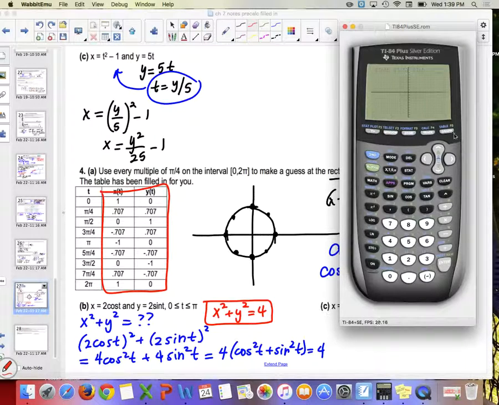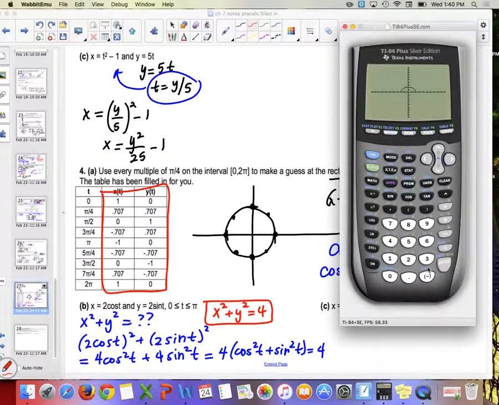So when we hit graph, we have a circle. Its radius is 2. All right, but if I want my window to go from 0 to pi, it's not going to graph that whole circle. Okay, it's only graphing the top. Do you guys kind of understand why it would do that?